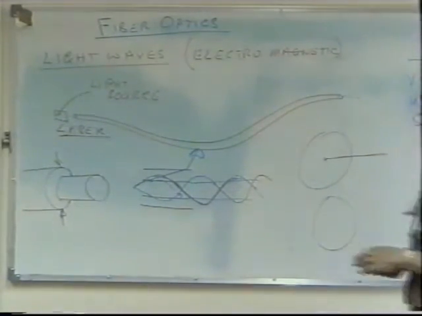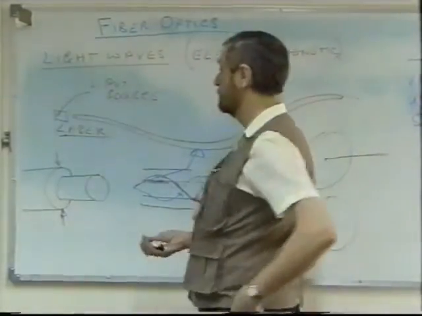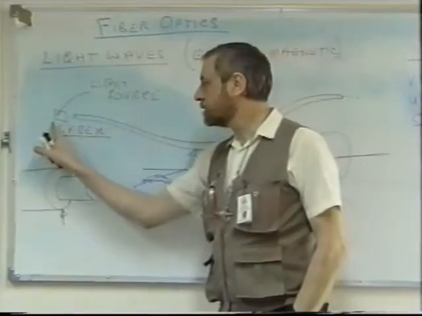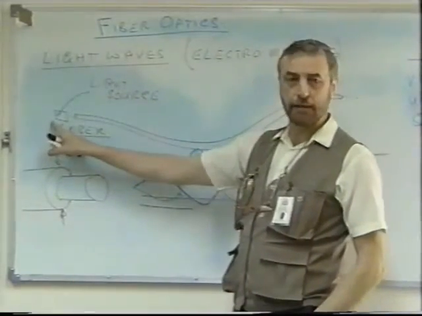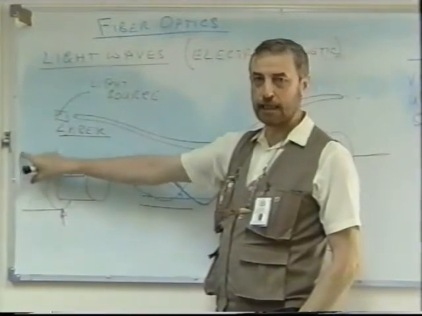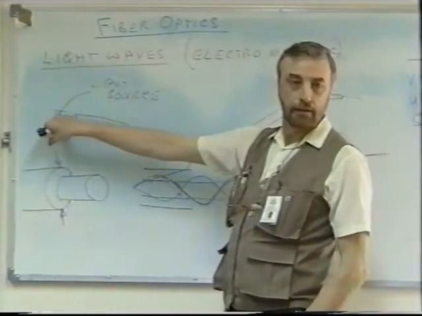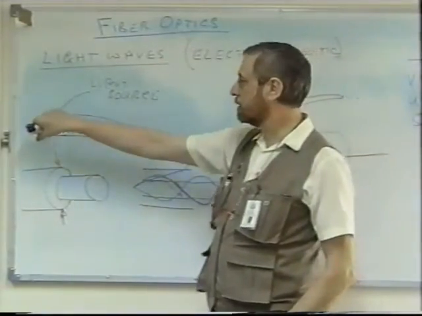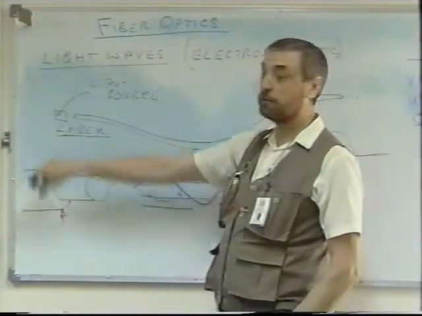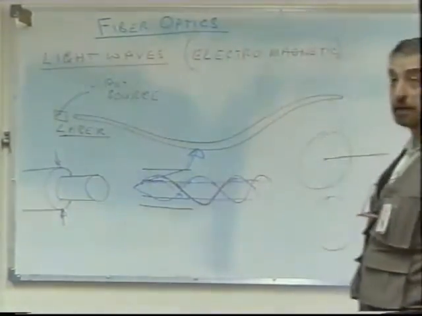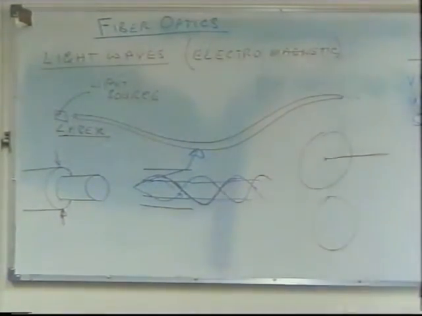Now, of course, technologically there's going to be a problem here to change your thousands of telephone channels into a suitable signal for the laser. Well, it's outside the scope of this course to say how that's done, but it will be a type of TDM, time division multiplexing, which we will talk about when we do data comms.